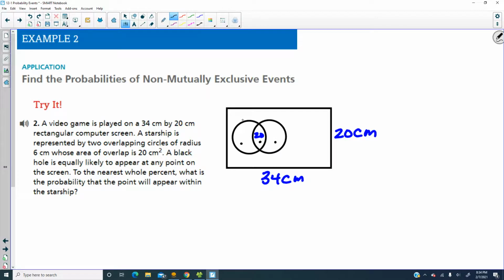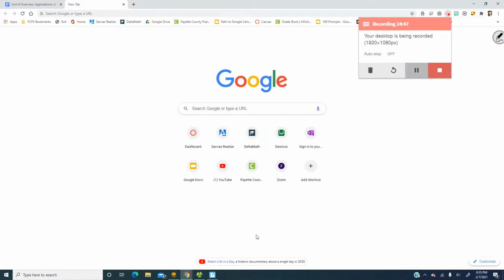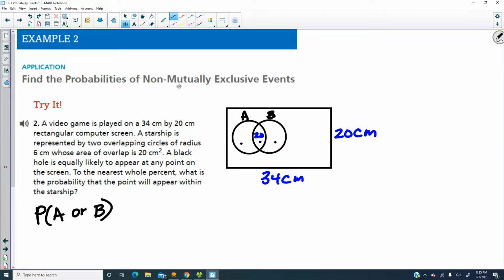So let's call this circle A, and let's call this circle B. And with notation, what we're asking for is the probability that the black hole would land in circle A or in circle B. Now these events are non-mutually exclusive, because the black hole could land in A, could land in B, but it could also land in A and B. The fact that it could land in a section that is covered by both makes these two events non-mutually exclusive, because they can happen at the same time.